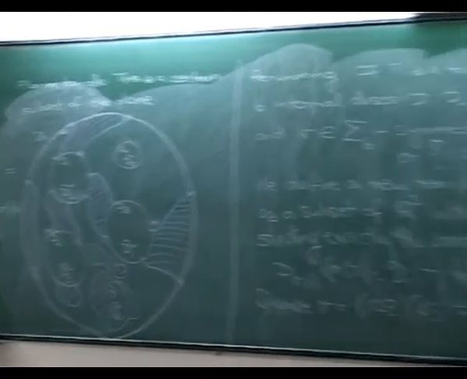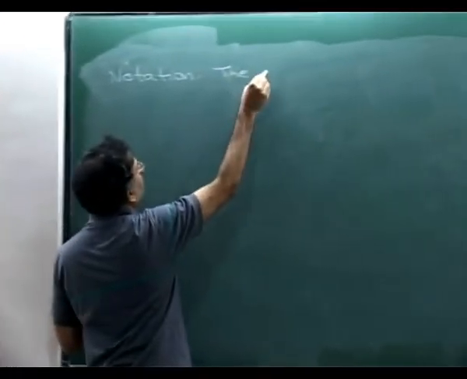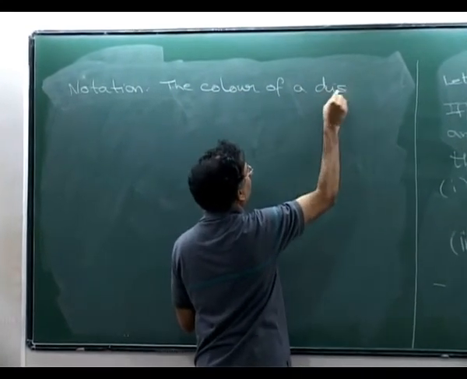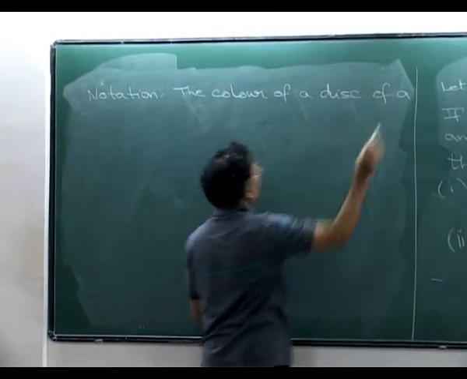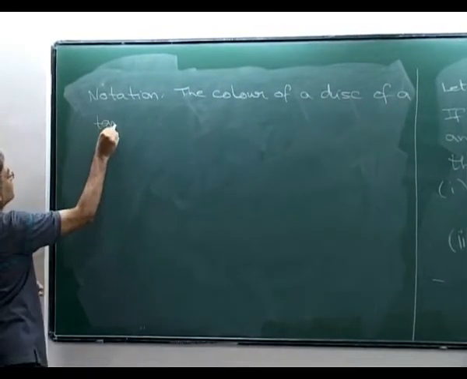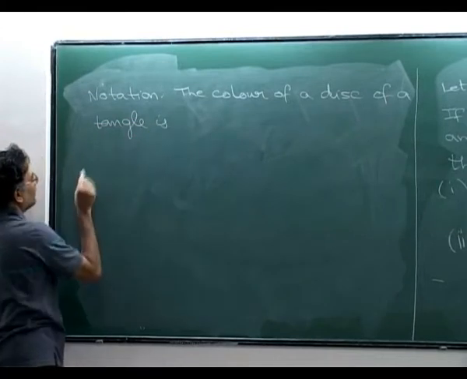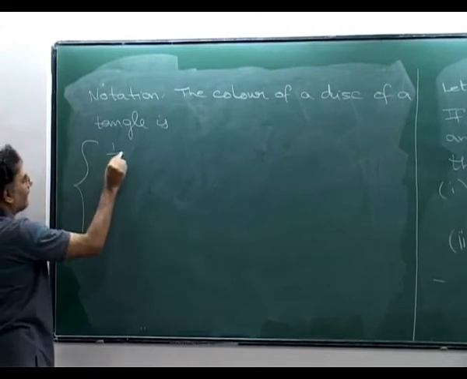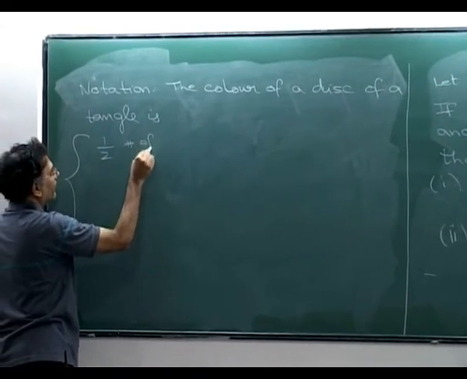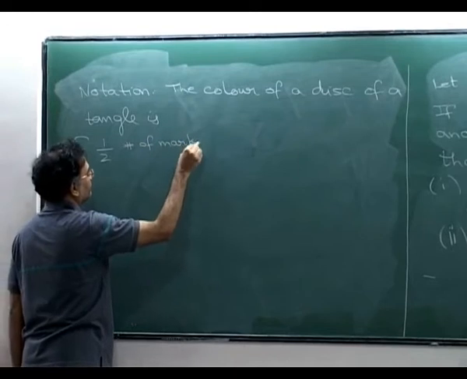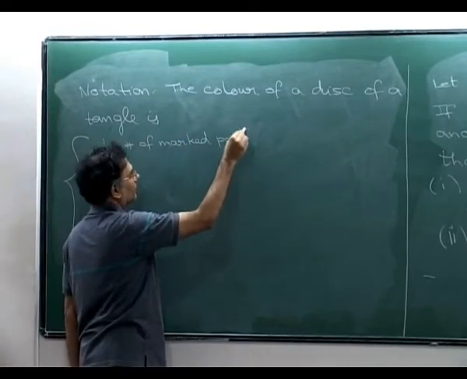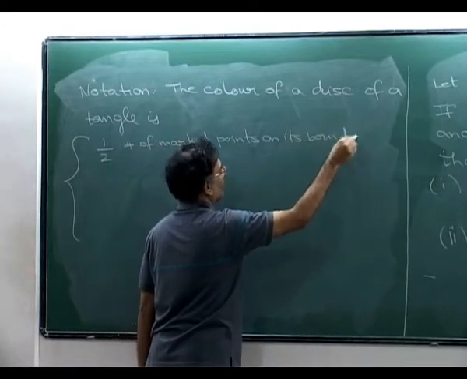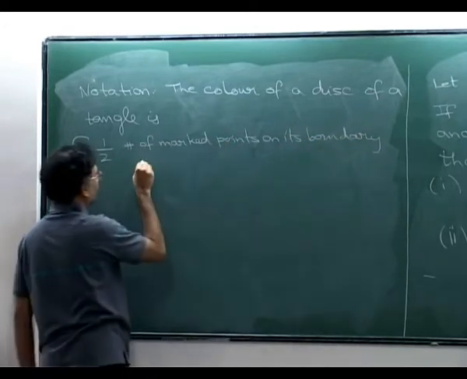So let me say the color of a disk of a tangle is half the number of mark points on its boundary when this number is positive.